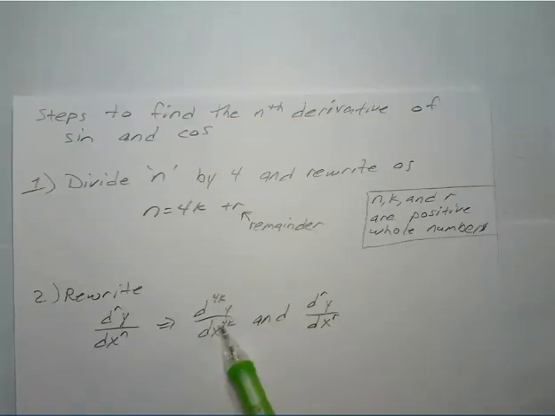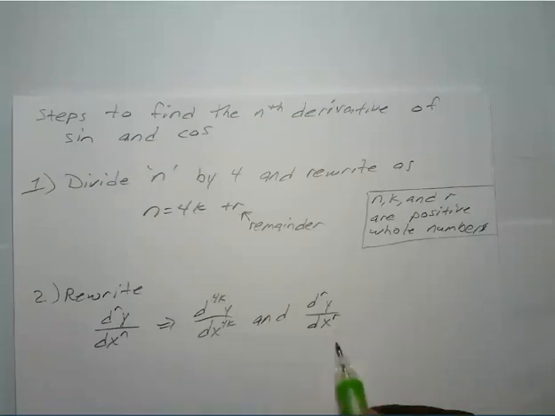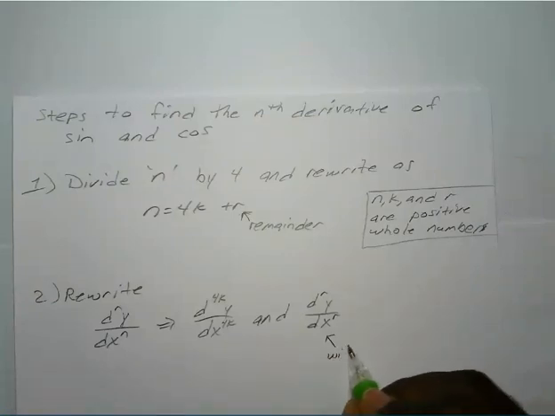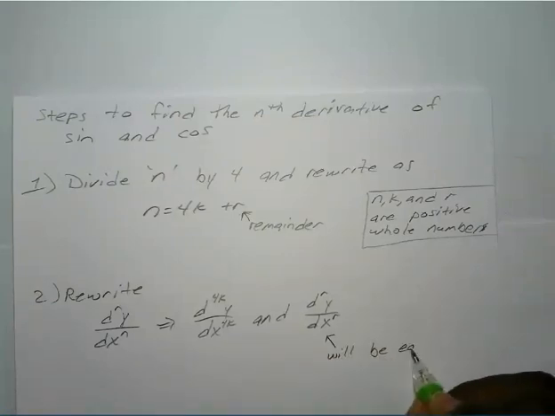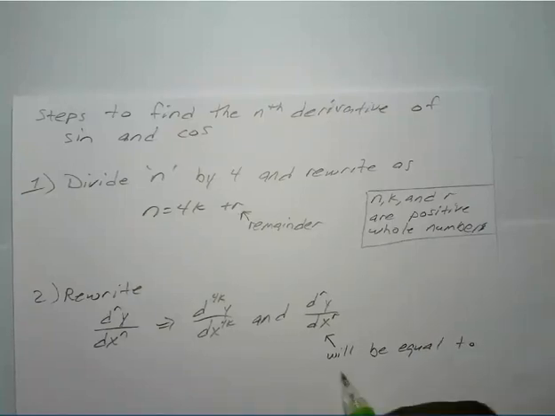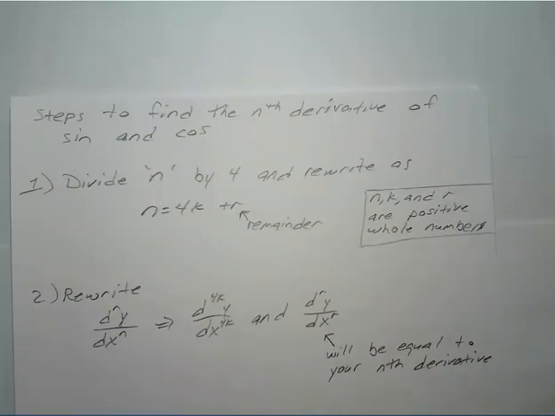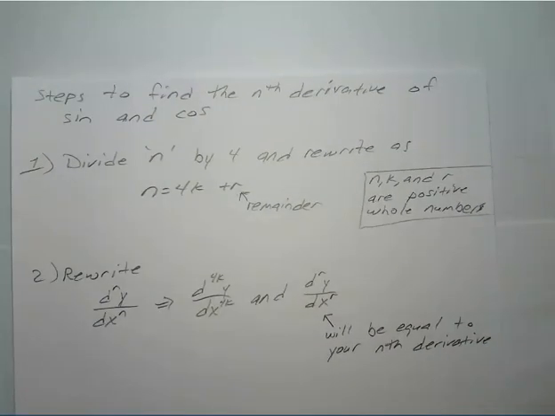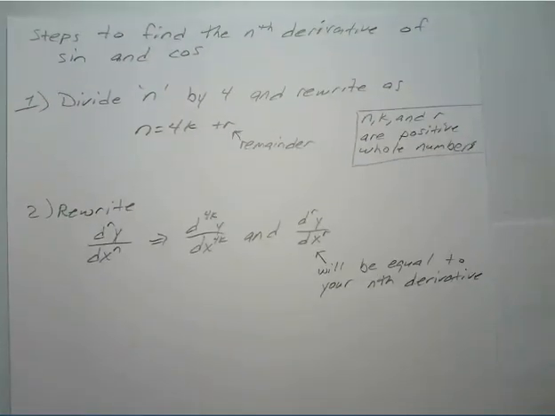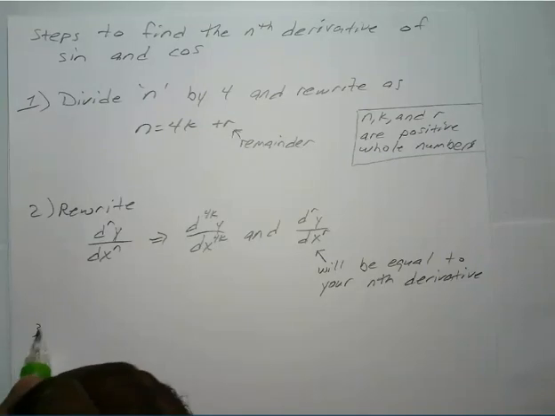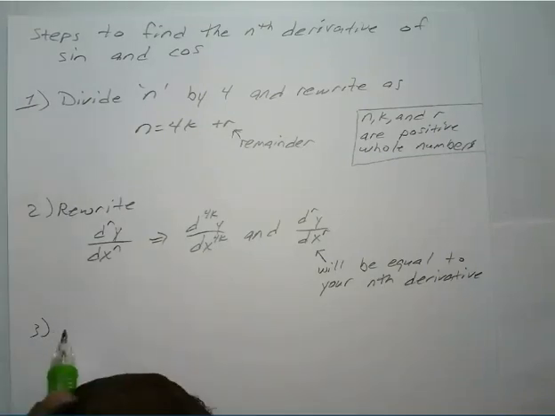So you'll always be right back where you started, which means that this will give you the exact same value as your nth derivative. Okay, and like I said, once you see the example, it'll make perfect sense. Okay, so don't get too worried if you don't understand what I'm talking about.